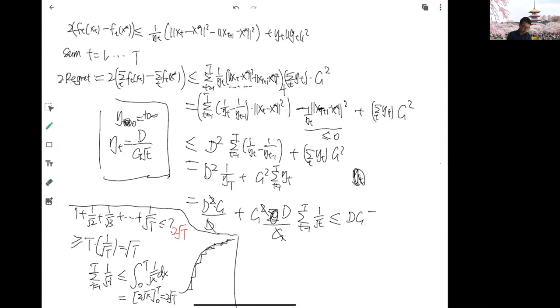The square root of t is in the numerator rather than the denominator, plus 2 times dg square root of t, and then the final result is obtained by dividing both sides of this inequality by a factor of 2. So finally we get that the regret is smaller than 1.5 dg square root of t.